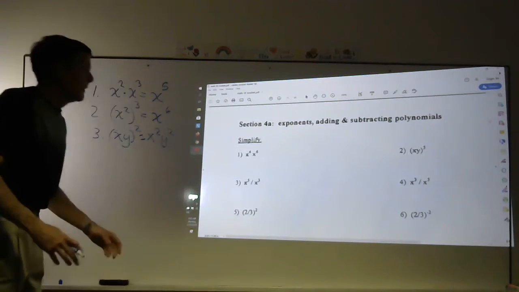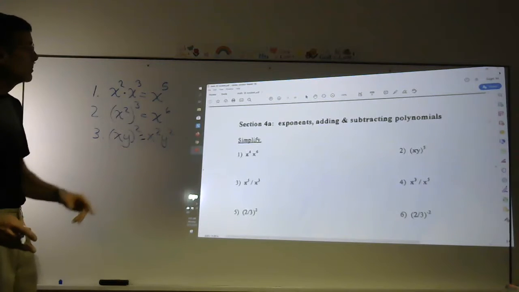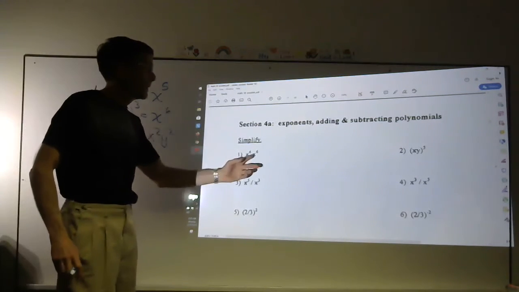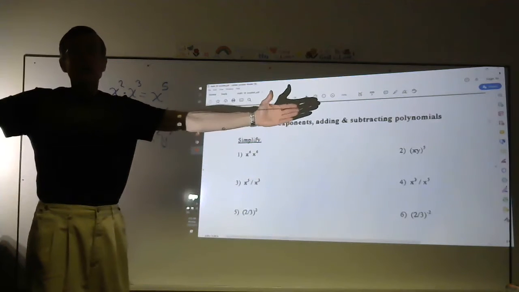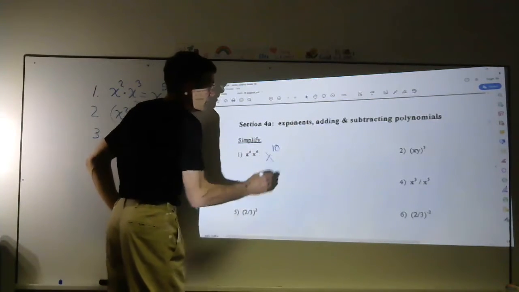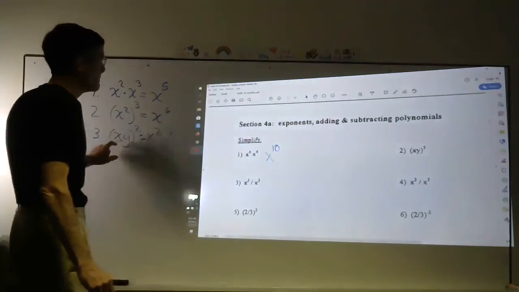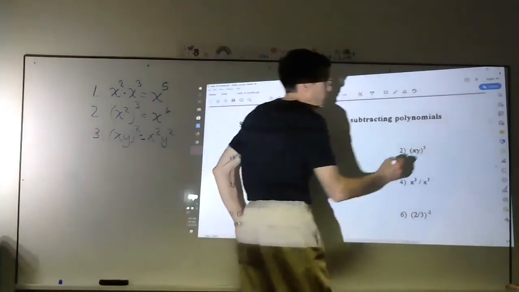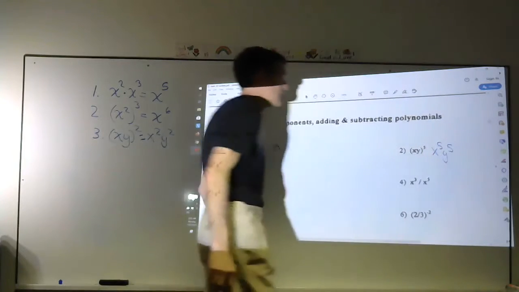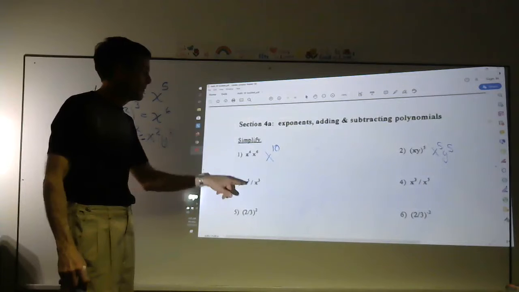All right, now with those basic rules of exponents, let's see if we can do these problems. Here's a problem like rule 1. If you have 4 x's times 6 x's, you have a total of 10 x's being multiplied. X to the 10. That is like rule 3. You can take the 5 into both parts and get x to the 5th, y to the 5th. All right? How about dividing? We didn't really talk too much about that.